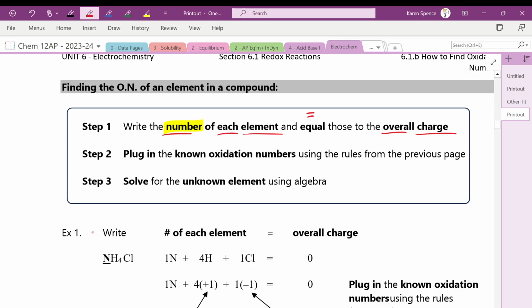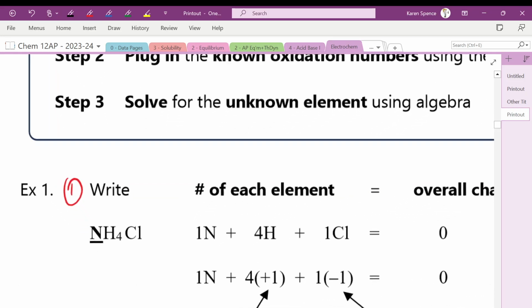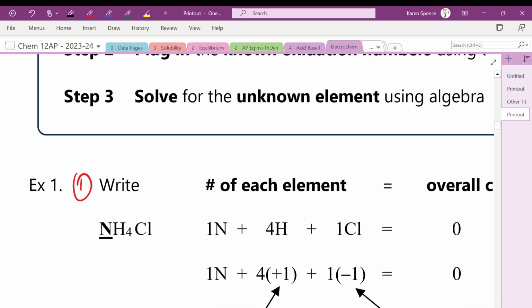So step number 1, if we have the example of NH4Cl, we're going to write down the number of each element. And by the way, when we underline one, usually that's the one we want to find the oxidation number of, okay? How many nitrogens in this compound? 1 nitrogen. How many hydrogens? 4 hydrogens.